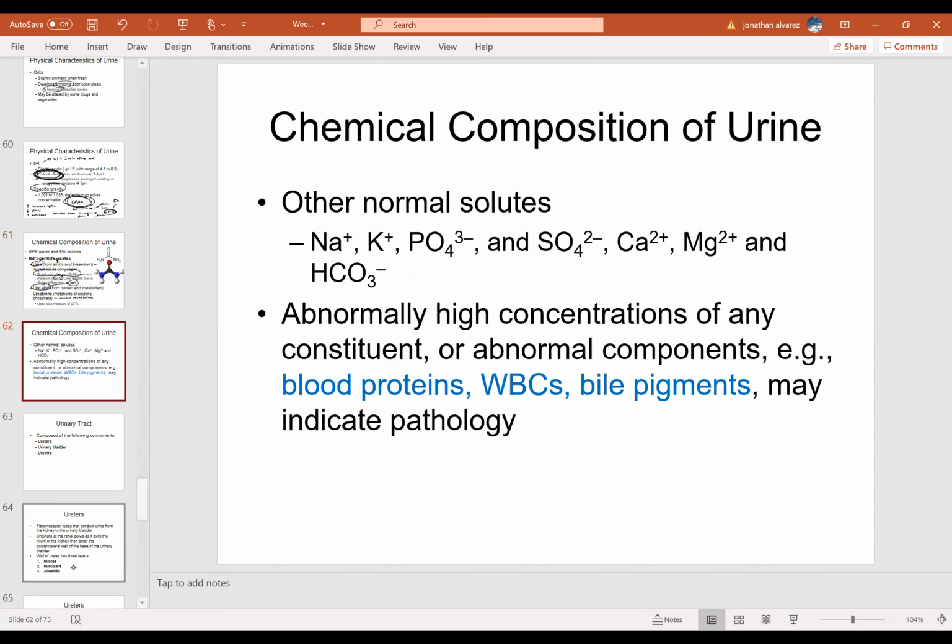Okay, and then there's other things that you can find in the urine as well. So it's not unusual to find your ions, sodium and potassium and magnesium and bicarbonates and so forth. You're going to have trace amounts of these.